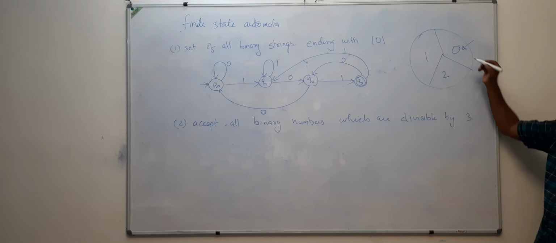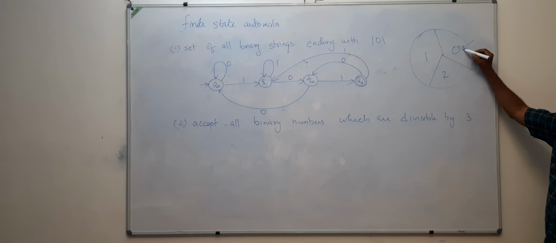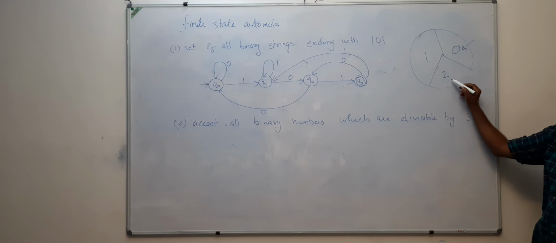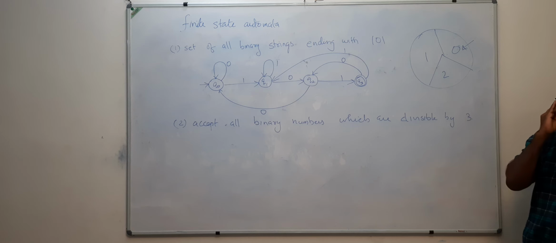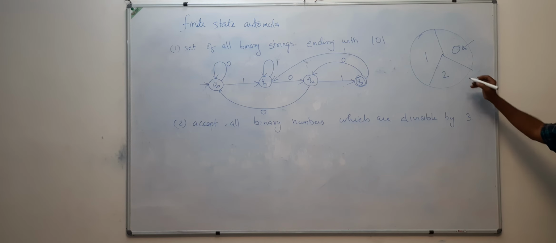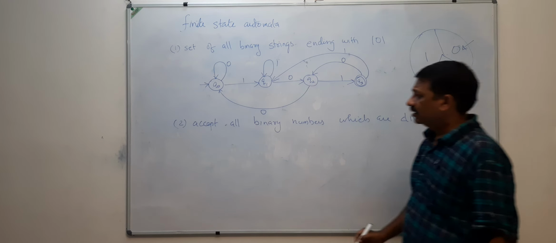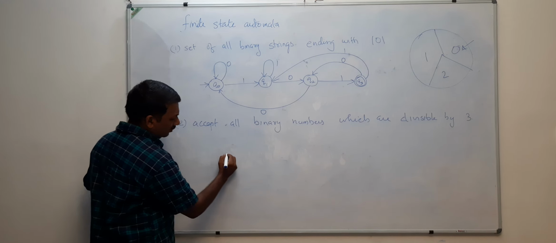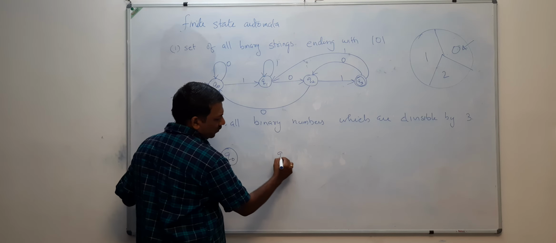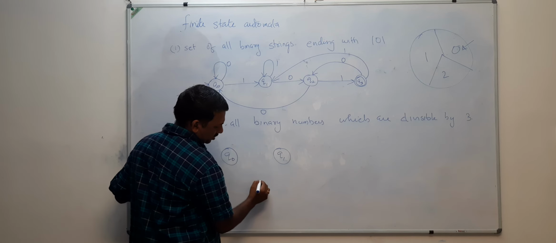For tackling this question, I am going to have three states: Q0, Q1 and Q2.